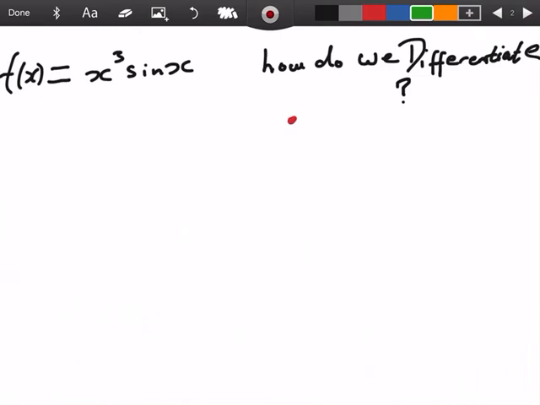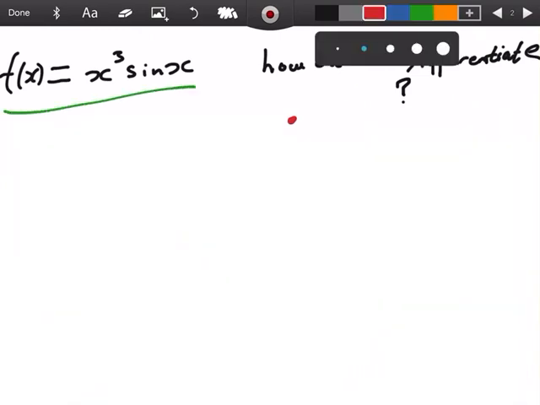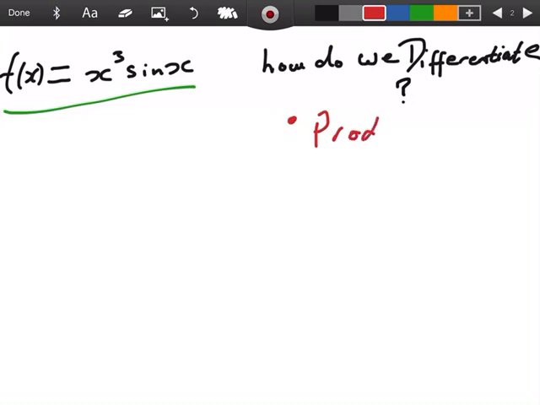So how do we differentiate this equation right here? Well, we use the product rule. Some very poor handwriting there for you. So, the product rule, what exactly is it? If we want to find the derivative of this function f, let's take this part and this part as two separate functions.